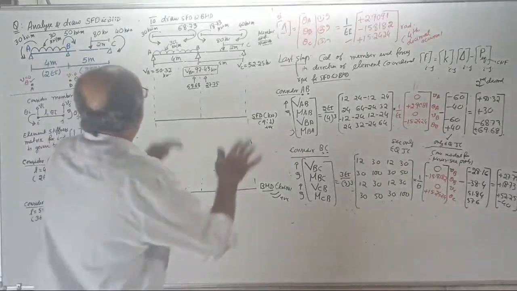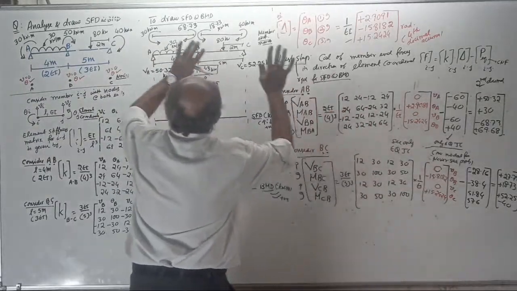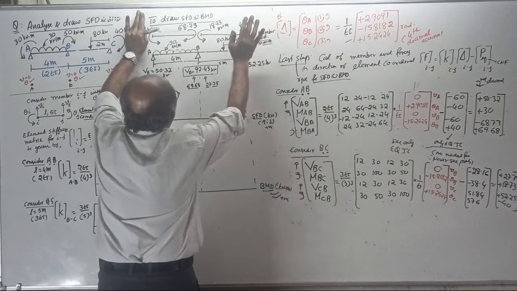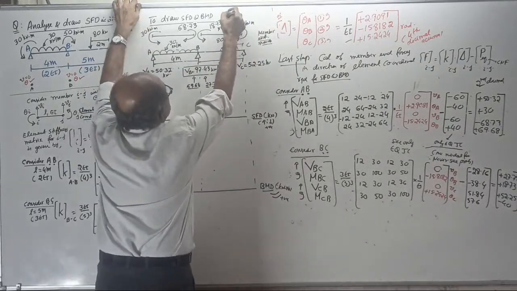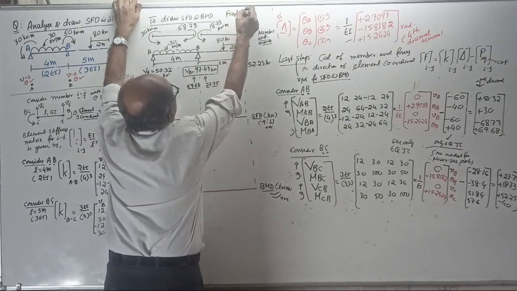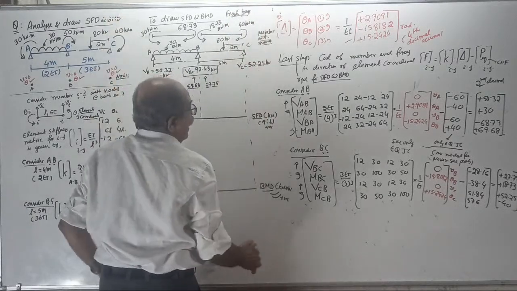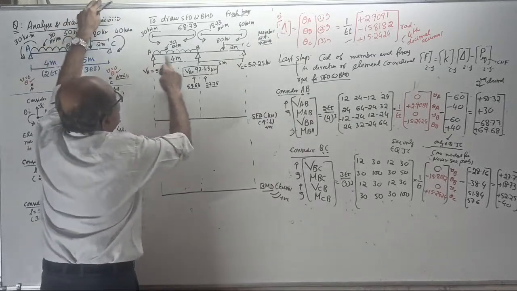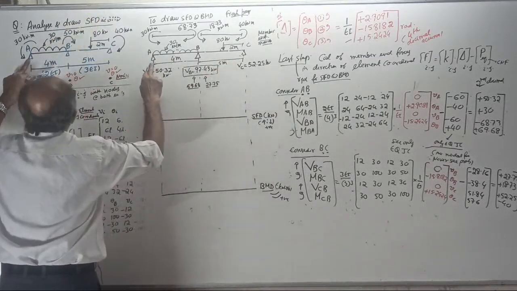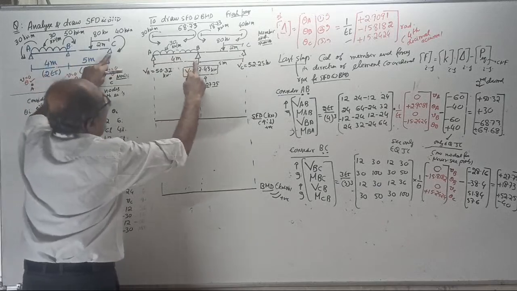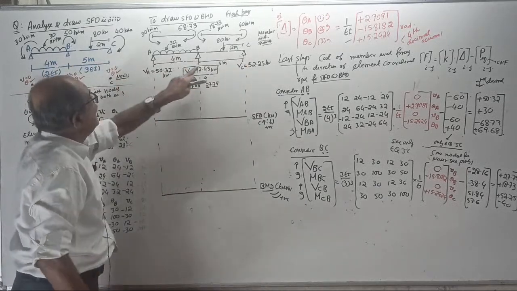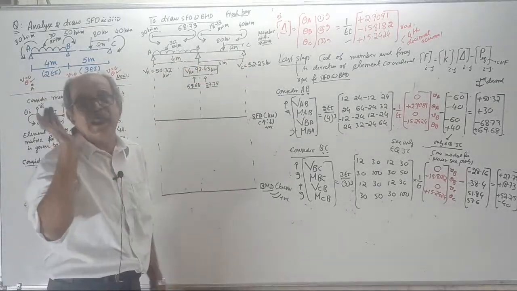See, after everything is over, go for SFD BMD. Go to a fresh page. See there, draw the diagram correctly. How? Write the beam first. VA, VB and VC. You require these reactions for the shear force diagram.